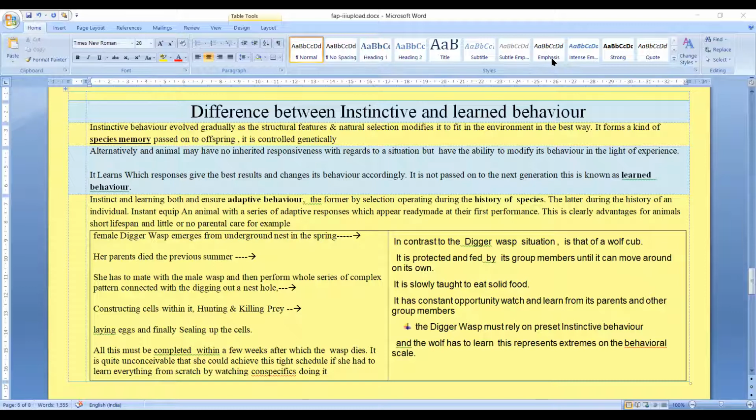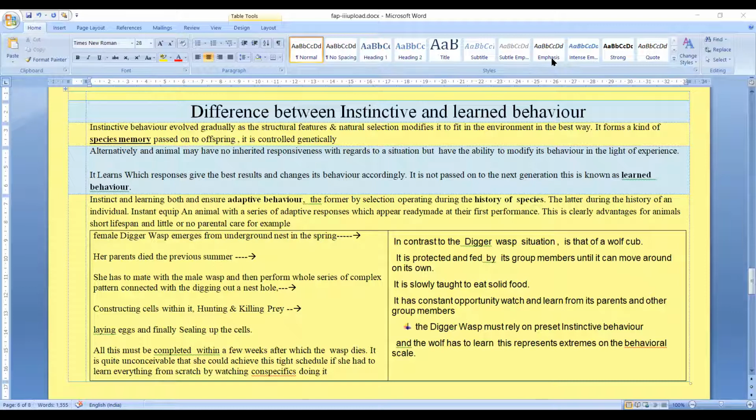Alternatively, an animal may not have inherited responsiveness with regards to a new situation, but have the ability to modify its behavior in the light of experience.